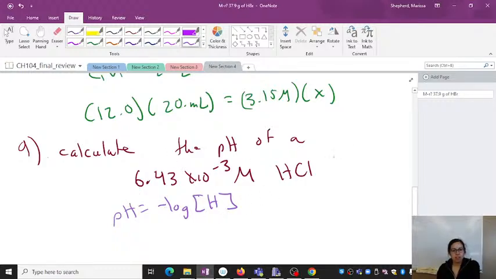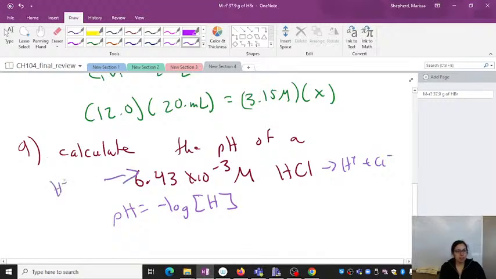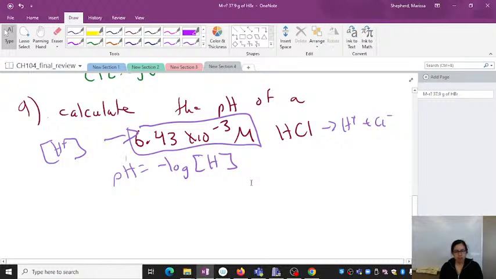And so in this case, we have HCl. We know it splits into hydrogen plus chlorine. And so this is the same thing as the H plus concentration for a strong acid. So all we have to do is plug in this number into the log.